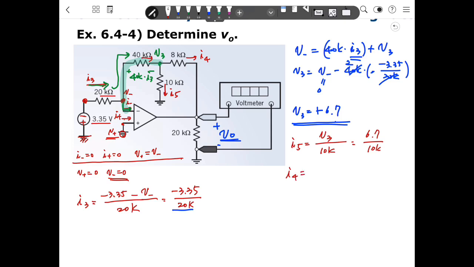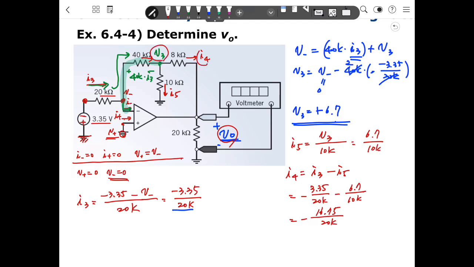Because this is I3 and this is I5, so I4 is I3 minus I5, where I3 is minus 3.35 over 20 kilo and I5 is minus 6.7 over 10 kilo. So we can calculate minus 16.75 over 20 kilo. This is I4.